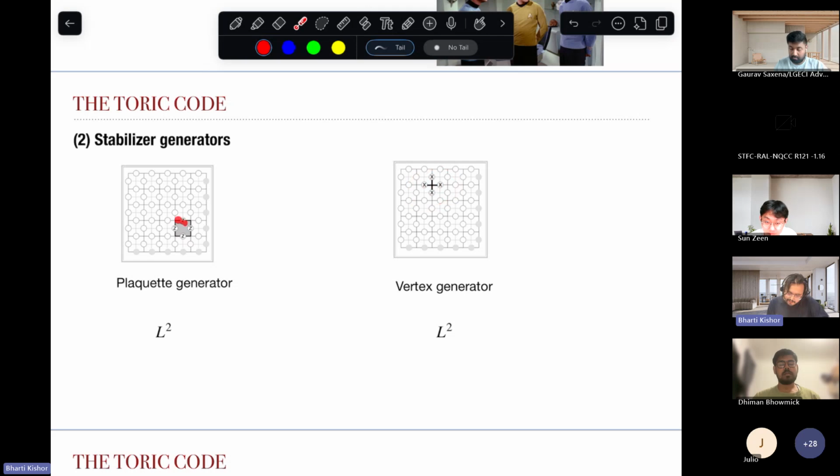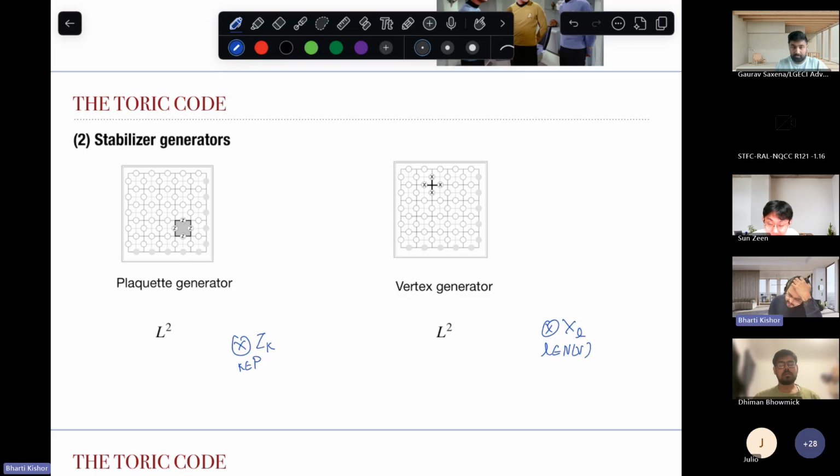And if you take a face and act around it with Z, then that you call a plaquette generator. So for example, given a plaquette P, you take a tensor product of all the Z_k, where k belongs to that plaquette. And for the vertex, you take the tensor product of all the X_l, where l is in the neighborhood of some vertex v.